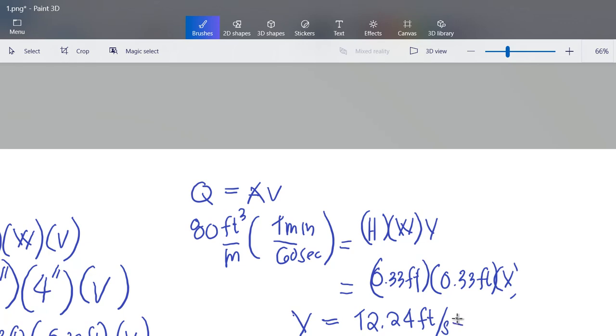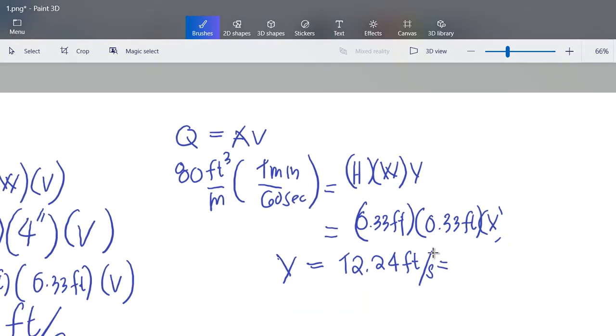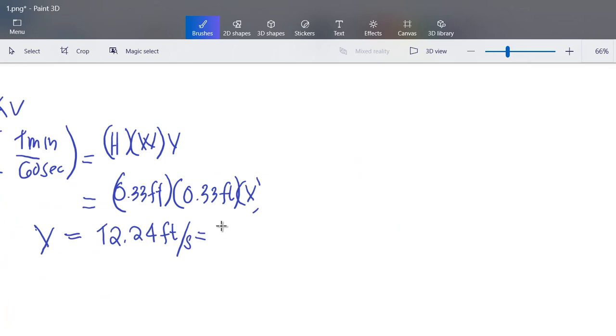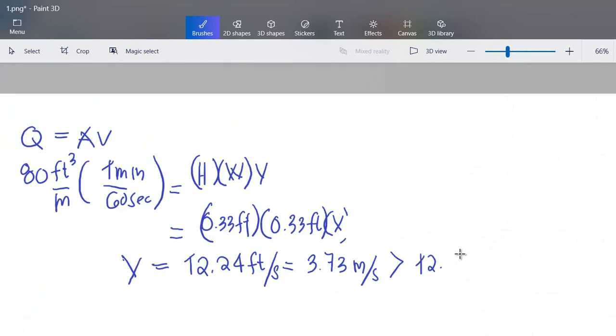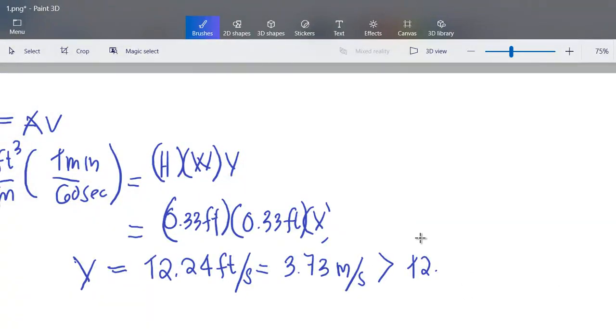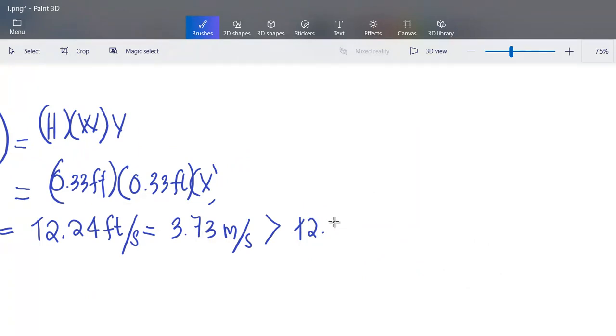This is also equal to 3.73 meters per second, which is again less than 12.7 meters per second, which is okay.